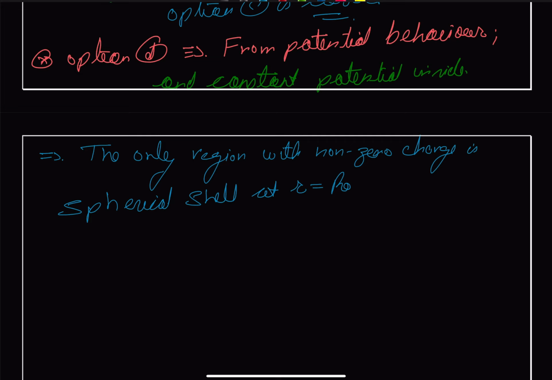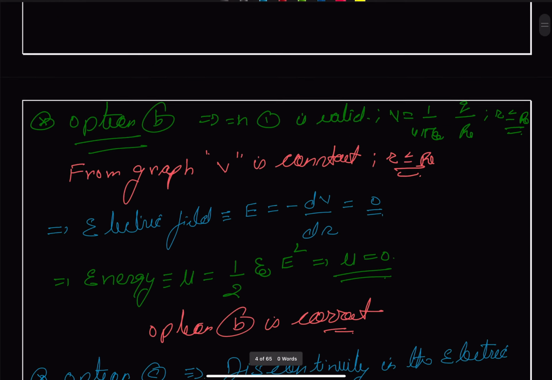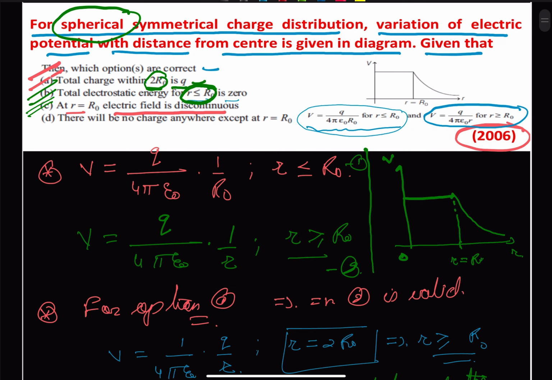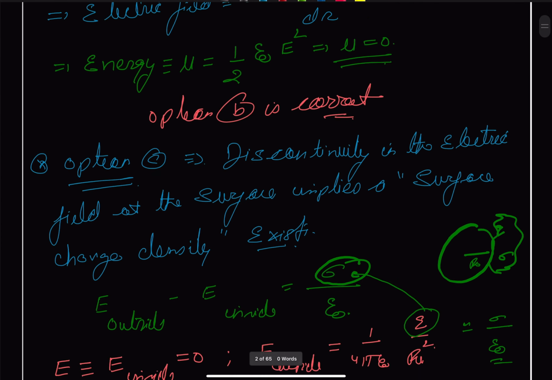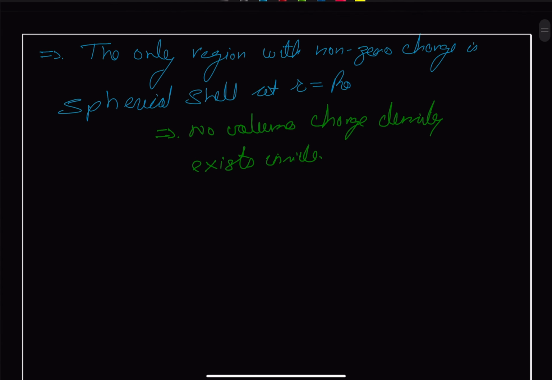And from here we can also say no volume charge density exists inside. Therefore option D is also correct.